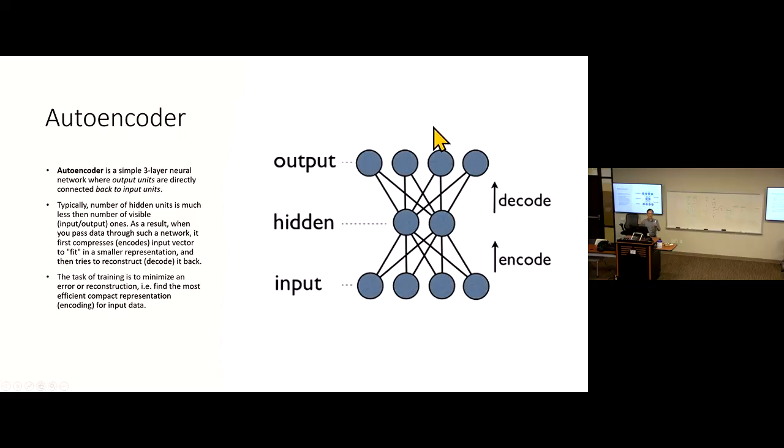The output will be compared with your input until they become very similar to each other. You cannot distinguish them statistically. After that, you finish the training of your autoencoder. So this is a very special framework in order to do this information compression and then expansion.